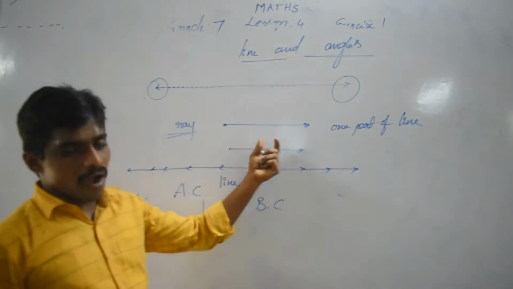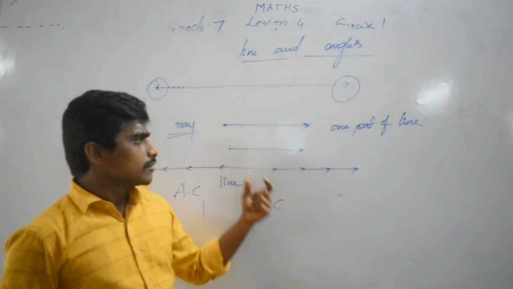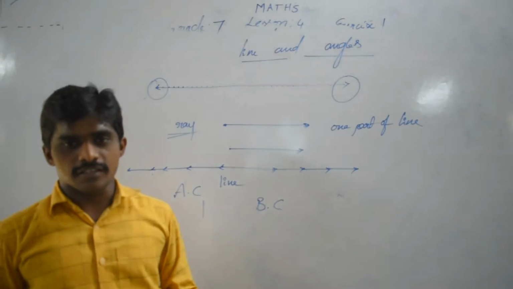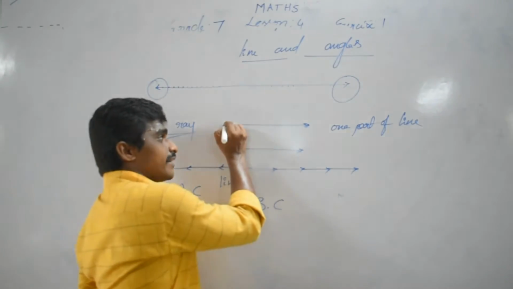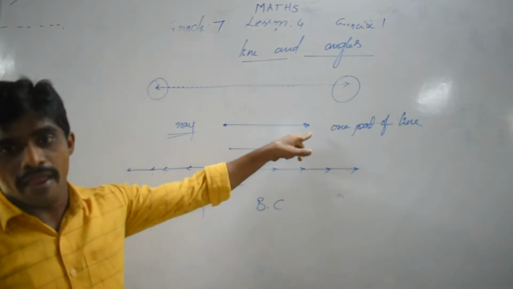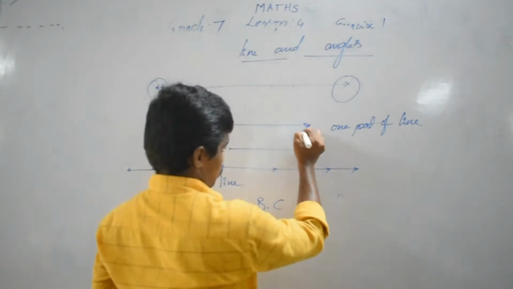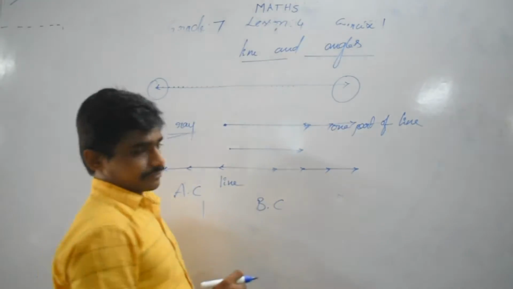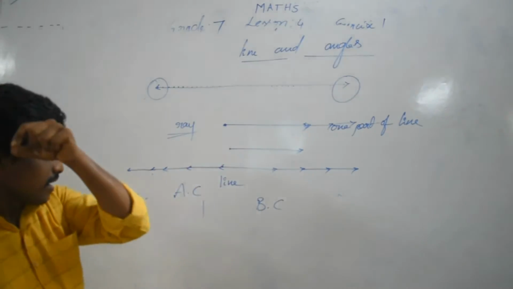So this is a part of the line. This ray has no fixed length. Why? Here is the starting point, but there is no ending point. It extends endlessly. So this is a ray.